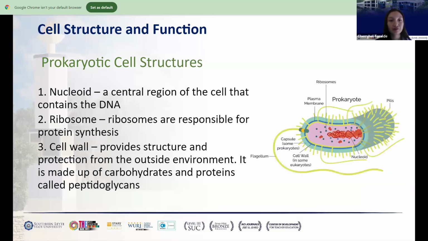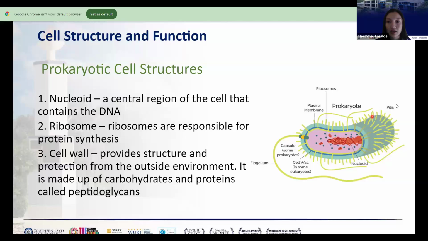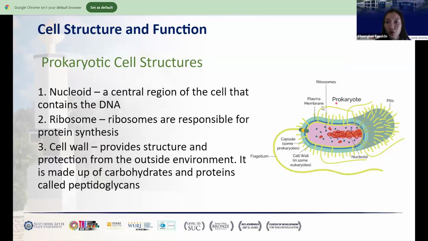Okay, so what are the different structures or parts of a prokaryotic cell? Wait, I'll just use the spotlight. This is what your typical prokaryotic cell looks like. This is a bacterium.